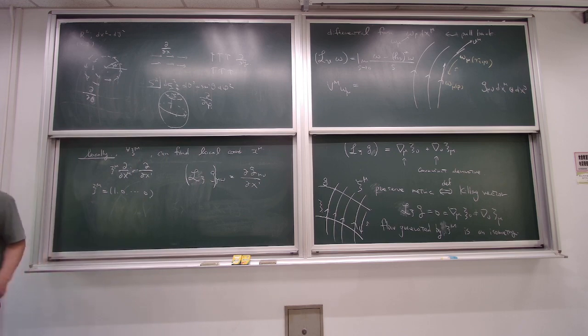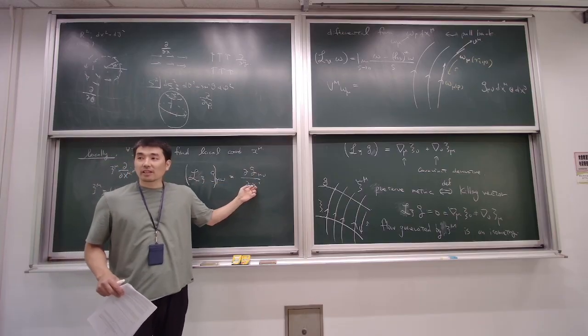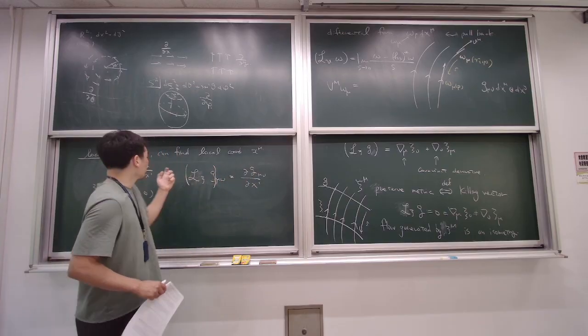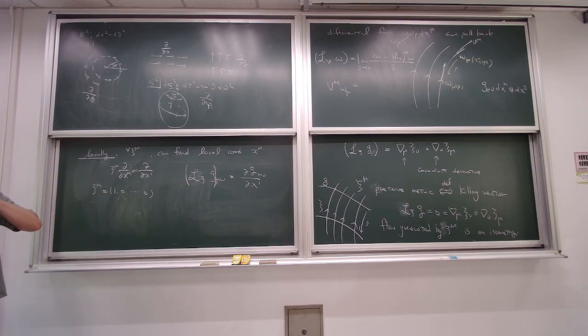So this means that if locally the metric is independent of x1, then del x1 is a Killing vector.